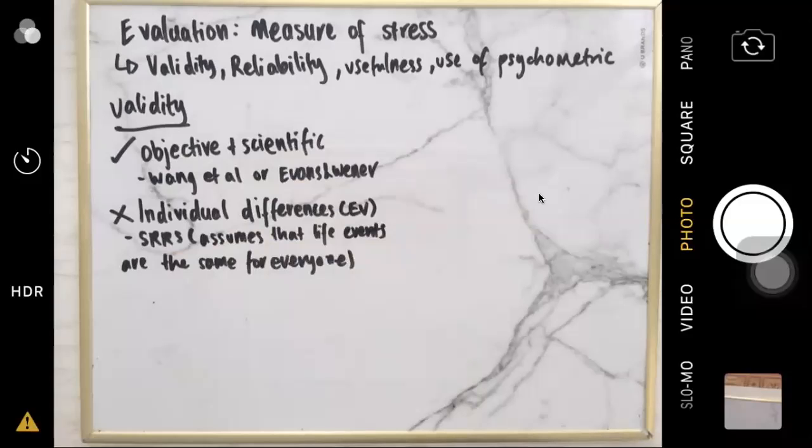So even vacation for you guys is not really that high because you're not paying for anything. You're not planning anything, so that's why it's less stressful for you. But for some people, like the head of a family, they might find it more stressful than you. So this measure of stress is not that valid because it does not take into account individual differences, which is an extraneous variable.